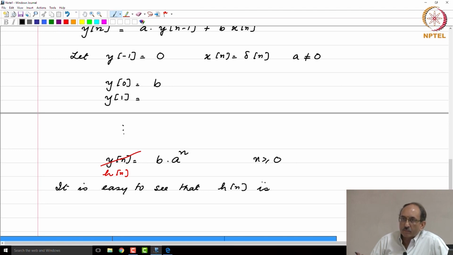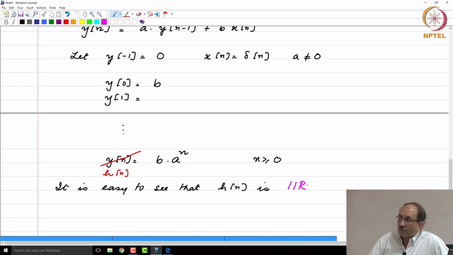That is the question. This is indeed IIR, because b times a to the n is of infinite duration. At no point does this become strictly 0.